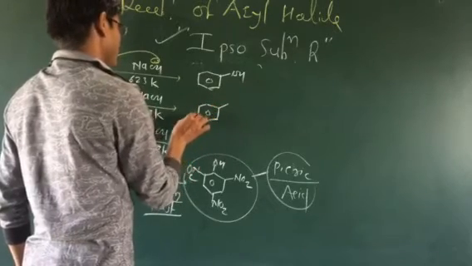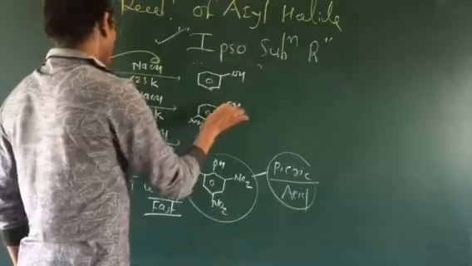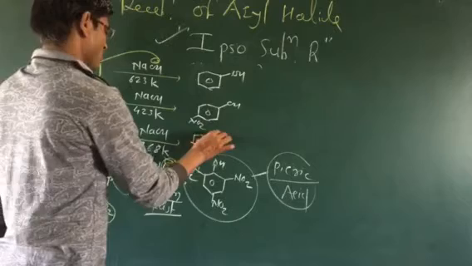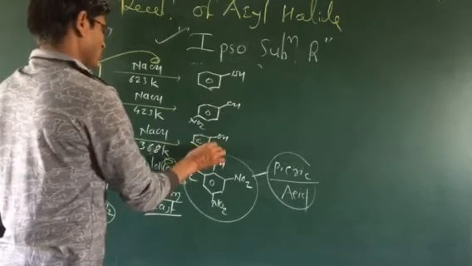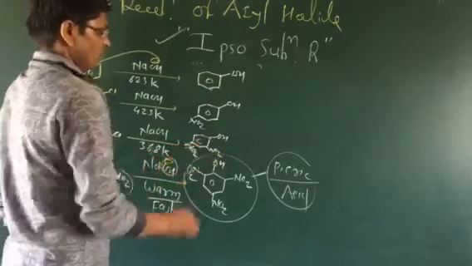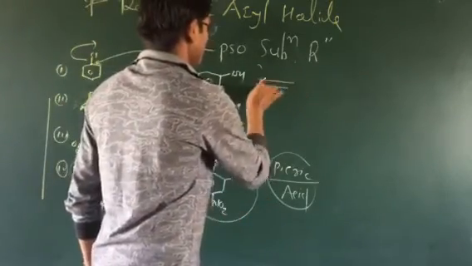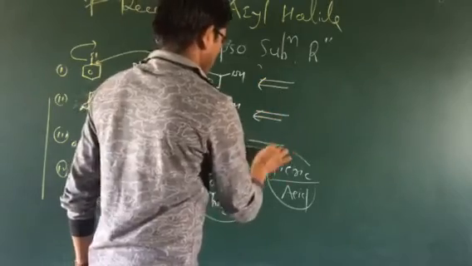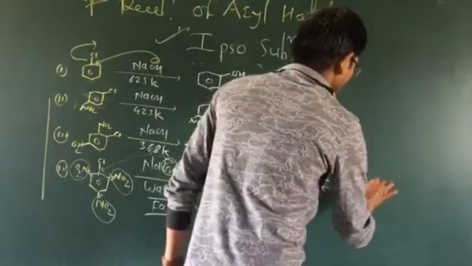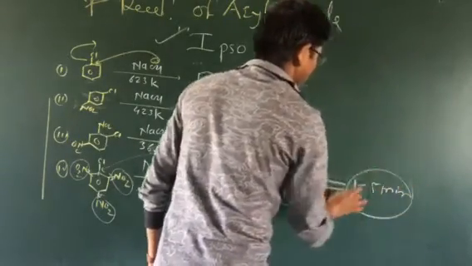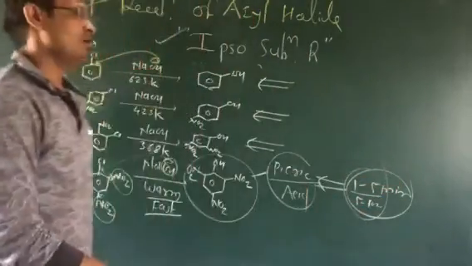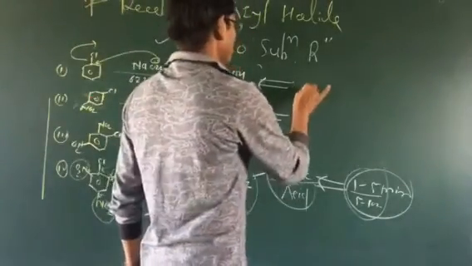How much time is required for the formation of the product? This is the OH, here ortho NO2 group, and this is para-nitro. How much time does this reaction take? This reaction takes 1 to 5 minutes, or you can say 5 to 10 minutes. This reaction will take 1 to 2 hours.